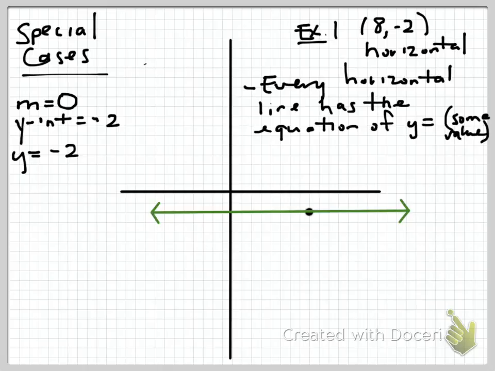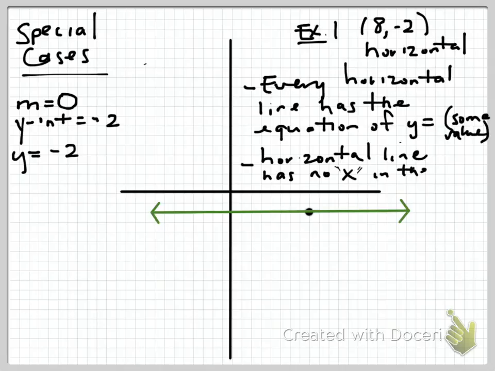So a horizontal line has no x in the equation. Every horizontal line has an equation of y equals some value, like y equals 5. In this case, y equals -2, y equals 15. And every horizontal line has no x value in the equation.